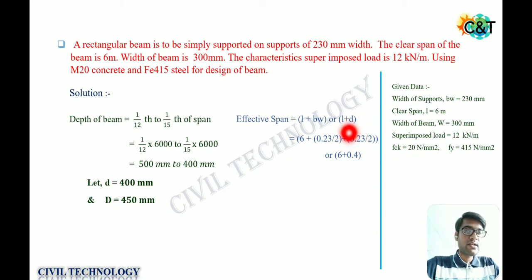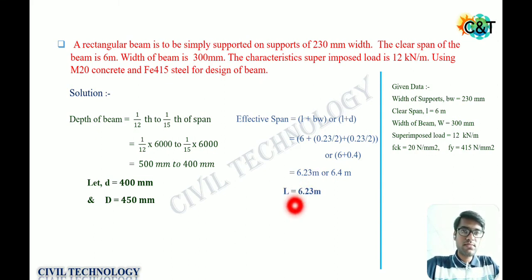Second is clear span plus effective depth. Effective depth we just calculated as 400 mm, so 6 plus 0.4. Based upon this, if we calculate, the values are 6.23 meter and 6.4 meter. So we consider the minimum of these for the effective span of the beam.